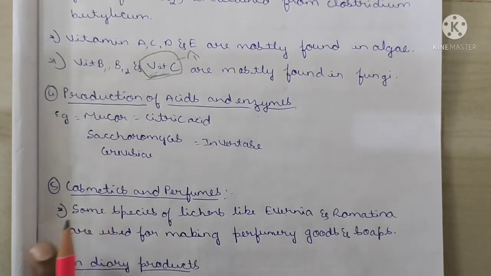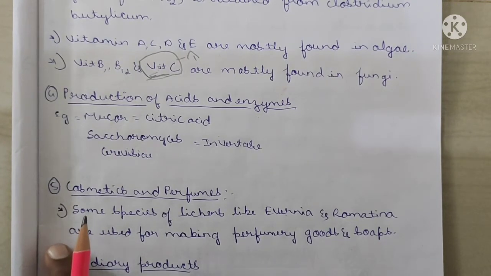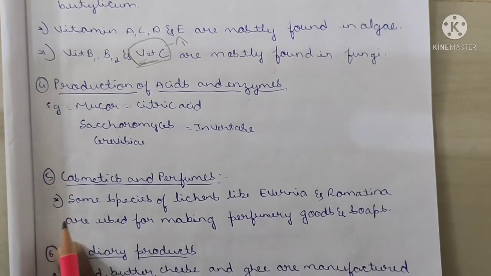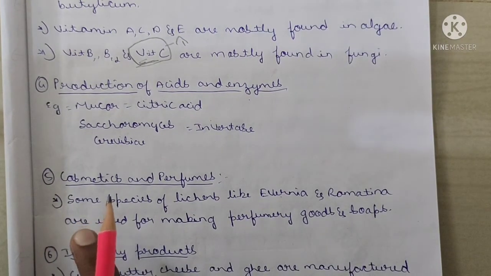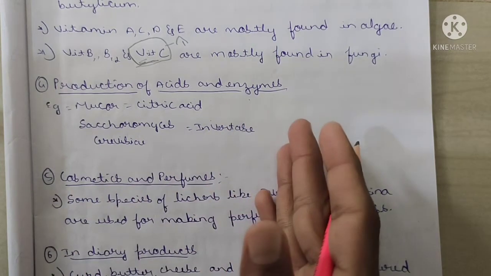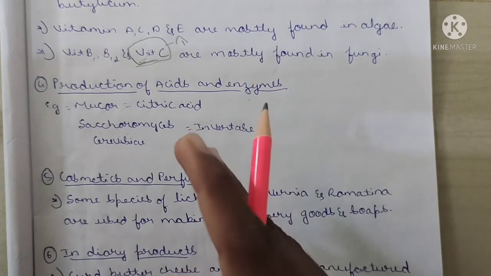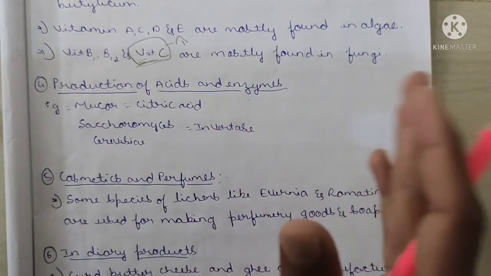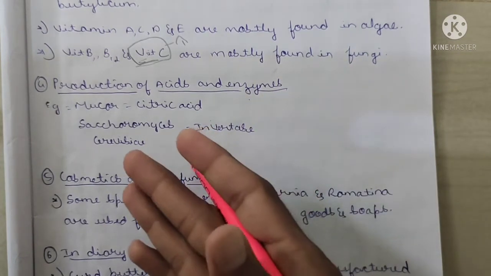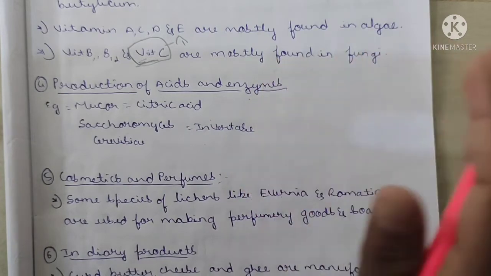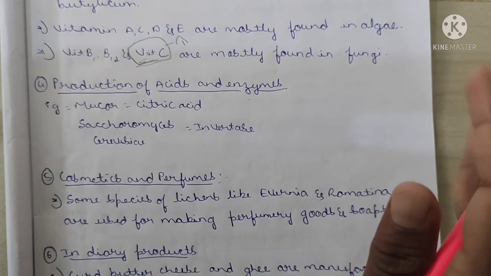Yes, now let's study the use of microbes in cosmetics and perfumes. You may be shocked that these microbes are also used in perfumes and cosmetics. Today many people are using Fair and Handsome, ladies are using Fair and Lovely, and many types of perfumes are available in your market, Fogg, Denver, etc. Many types of aerosols are available.